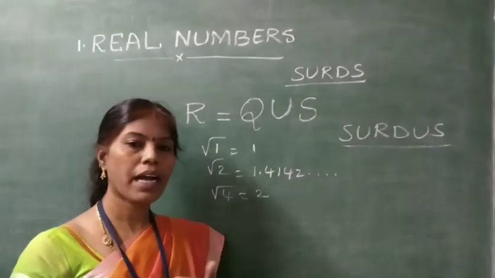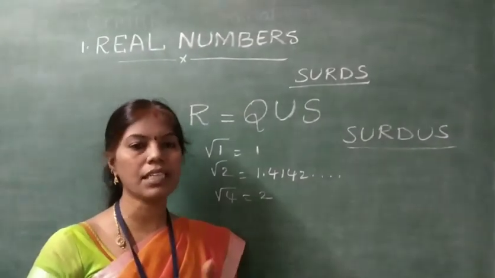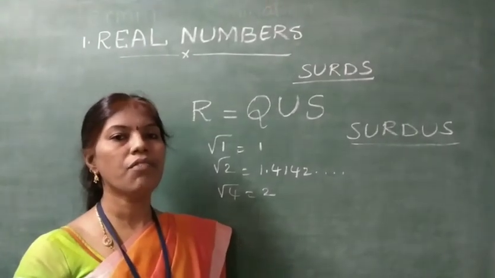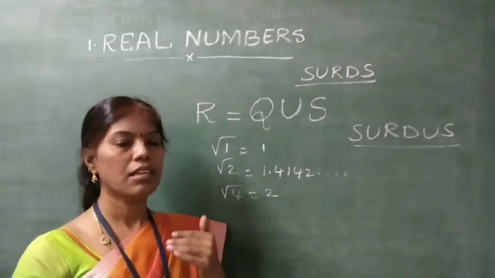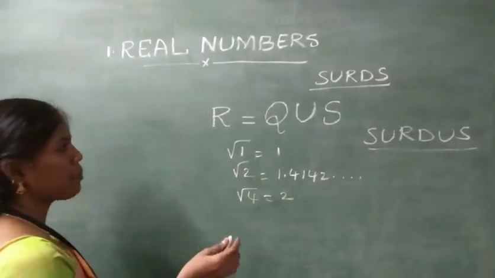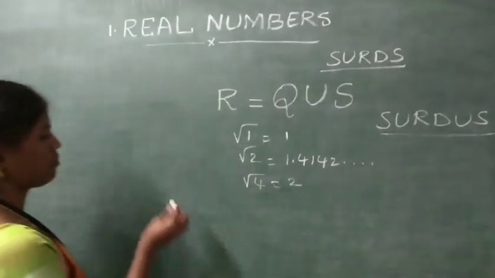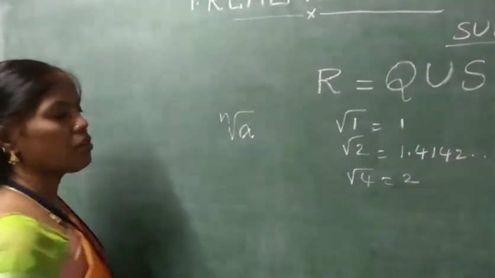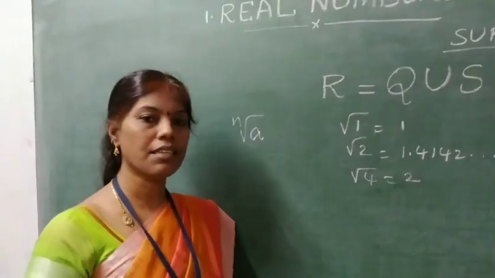Now, we'll come back to the definition of a surd. The representation of a surd is nth root A. Nth root A is known as a surd.